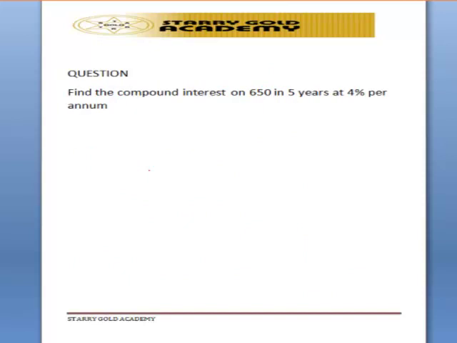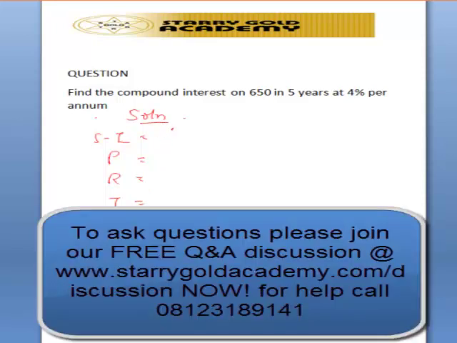The question says, find the compound interest on 650 in 5 years at 4% per annum. So let's, as usual, get our parameters, our SI, our P, our R, and T. So our simple interest is not given.